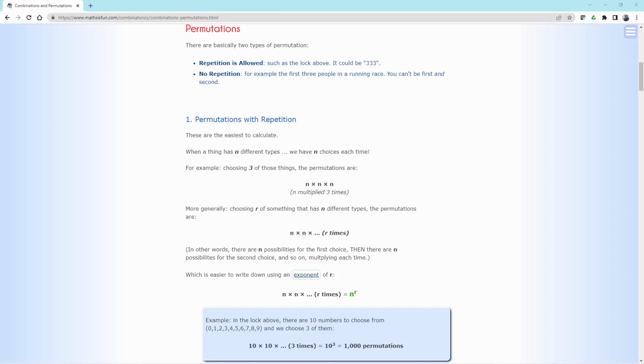For example, if you're a C programmer addressing memory locations, and you have 1,000 memory locations that could have certain values, you're going to have to come up with exactly how many permutations will be available.